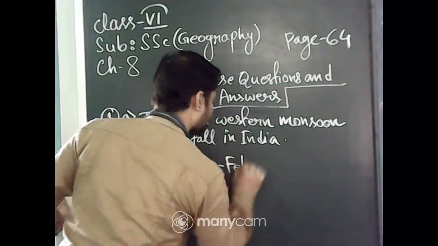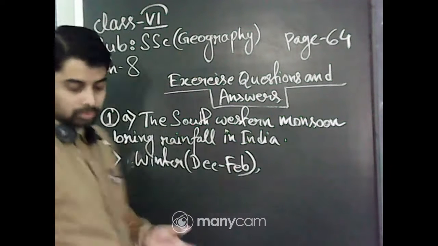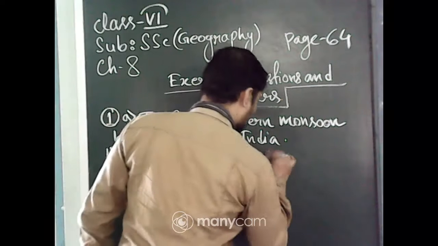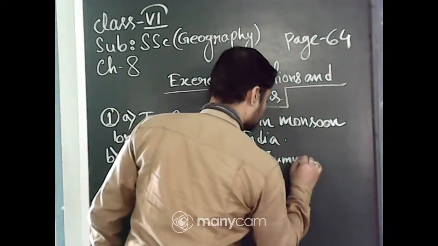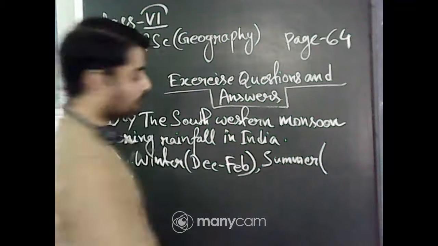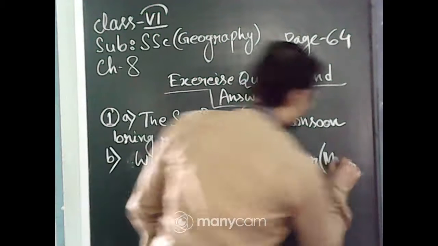I have mentioned earlier when I discussed this chapter, I have also discussed this thing. And the hot weather season, it is the summer. Summer timing is from March to May.